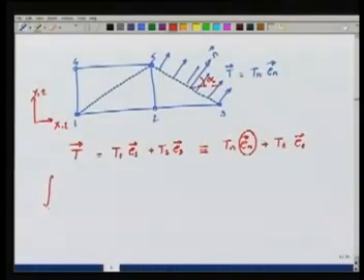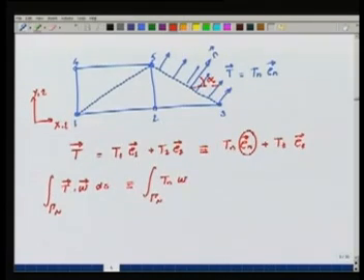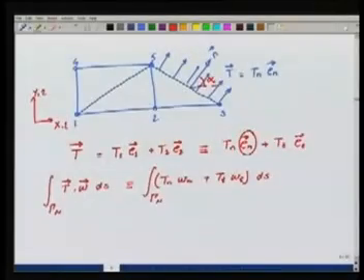So the work done on gamma n, T dotted with W ds, could also be written as integral over gamma n of Tn Wn plus Tt Wt ds. Now the question is that our approximation, or the finite element solution, is defined in terms of the Cartesian components, the xy components.